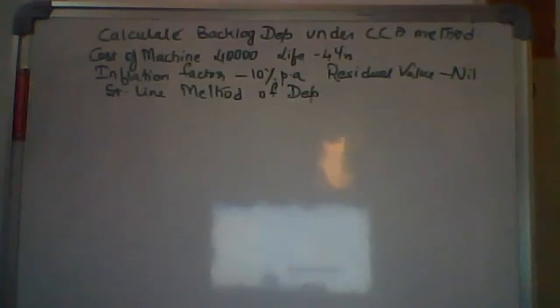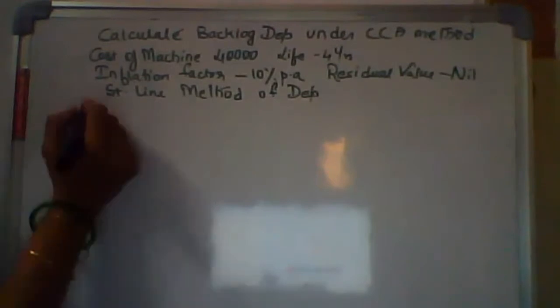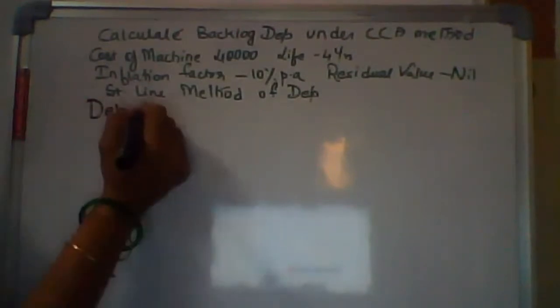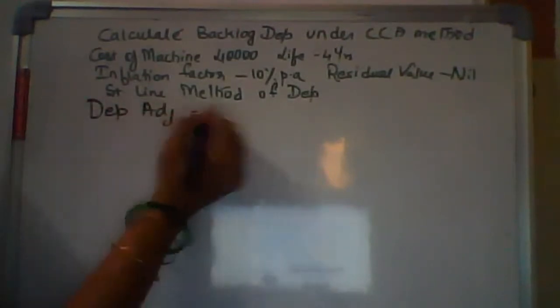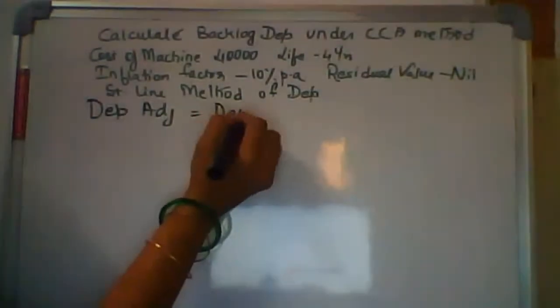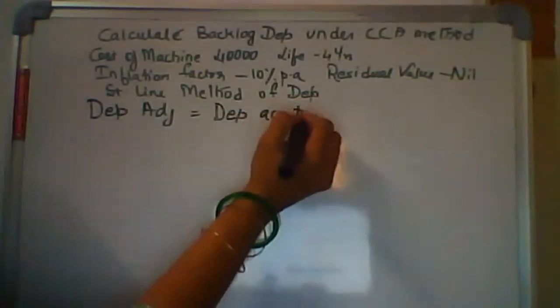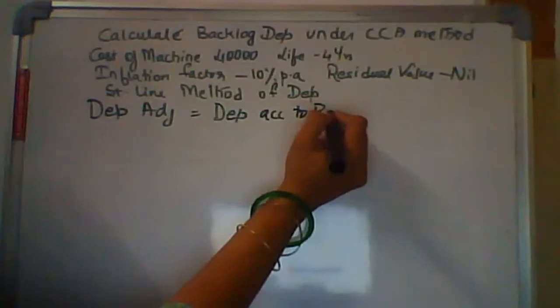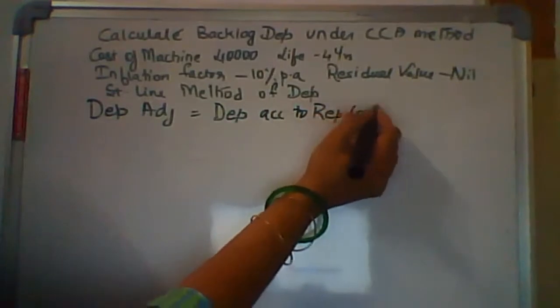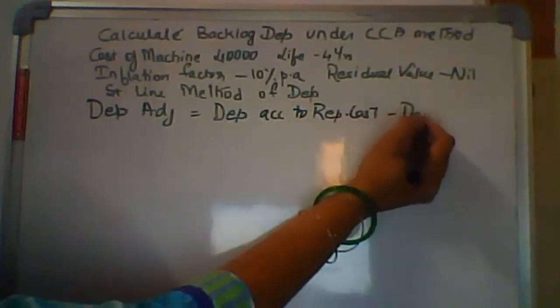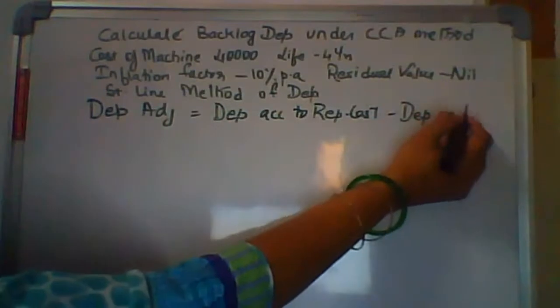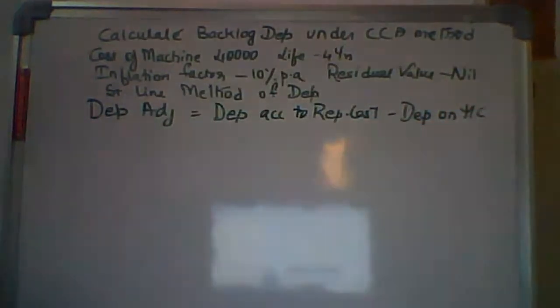The difference between these two is called depreciation adjustment. So depreciation adjustment is depreciation according to replacement cost minus depreciation on historical cost.